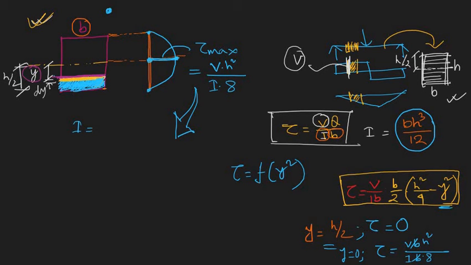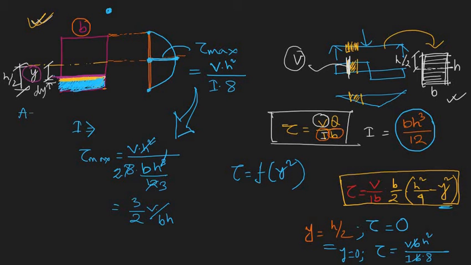So tau max is V h square divided by 8 times b h cube divided by 12, which is 3 by 2 times V, and cancelling h square with h cube, we have only V divided by b h, and b h is nothing but the area of this section. b is the width, h is the height.